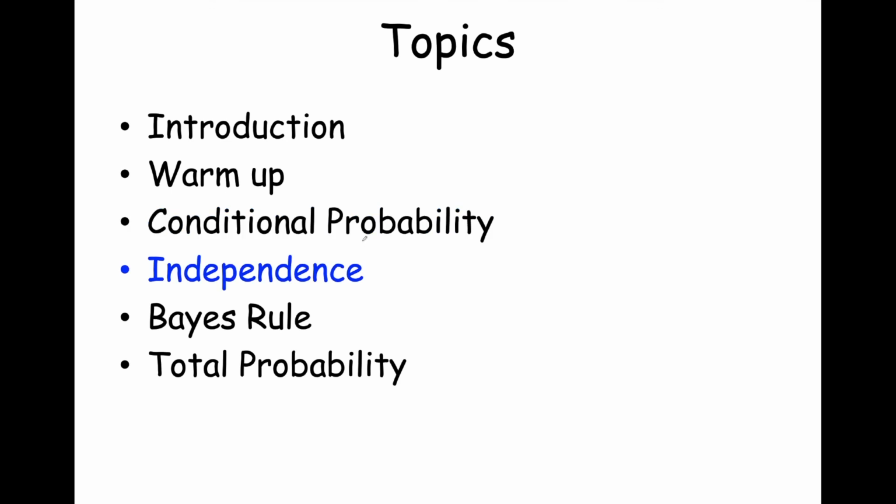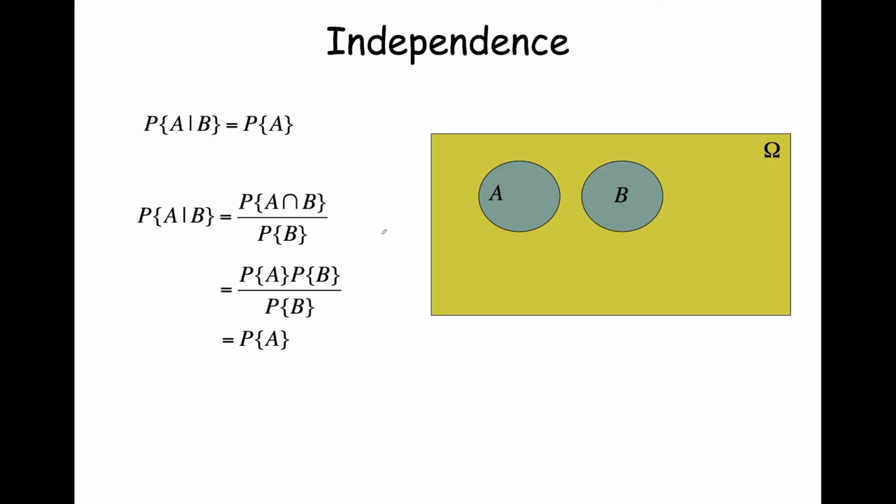All right, so let's look at this idea of independence. Now, independence, if we look at it in the Venn diagram, we have our events A and B, and independence means that there's no coupling between the two information-wise, and that means that they do not overlap in the Venn diagram. They share no events. And that's the same as saying A intersect B is equal to the empty set, right?